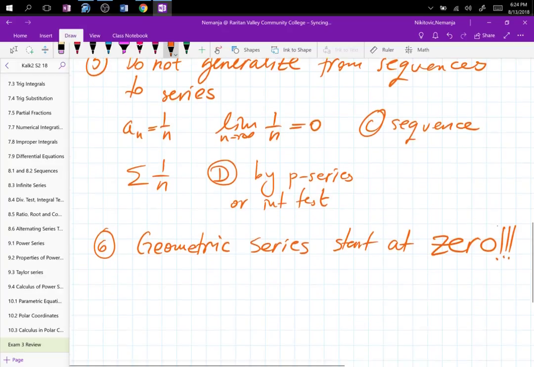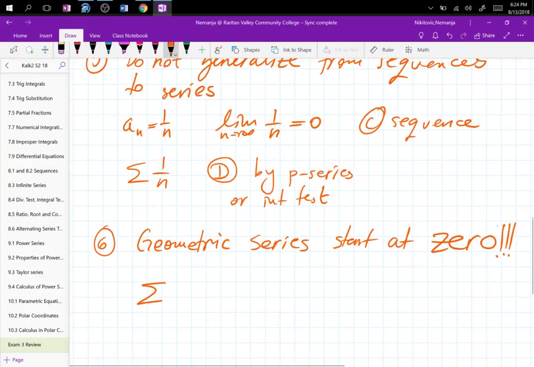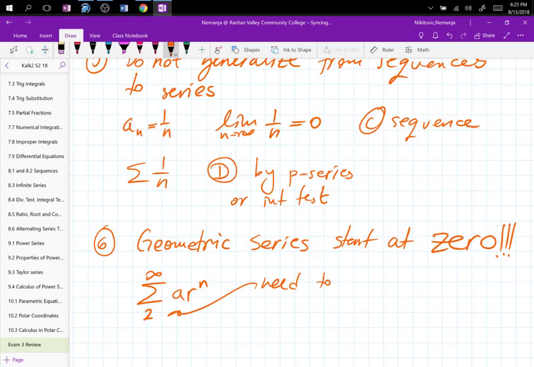So if you have geometric series that starts at 2 to infinity for ar^n, you need to shift to 0, so S equals a over 1 minus r works. Otherwise it doesn't work. It's going to give you the garbage answer. So geometric series must start at 0.